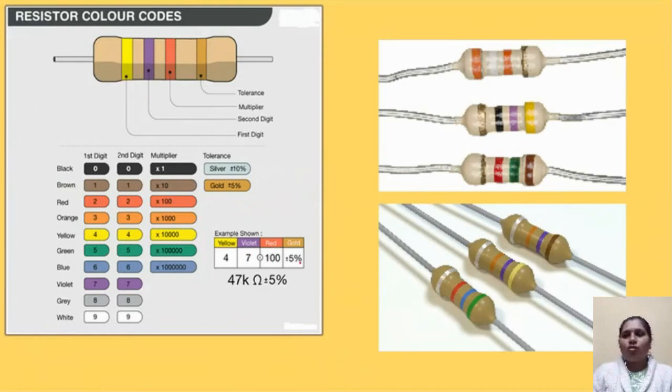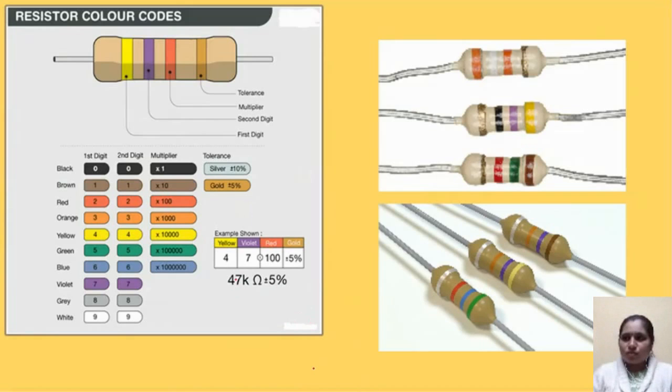Next G is gold, so it is plus or minus 5%. So it is 4700. It should be 4.7 kilo ohm. It is 4.7 kilo ohm plus or minus 5%. Okay, plus or minus 5% of 4.7.